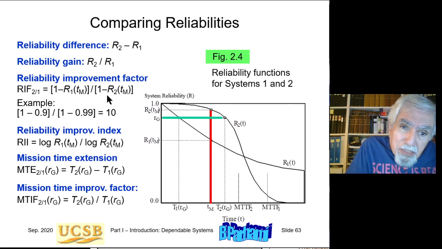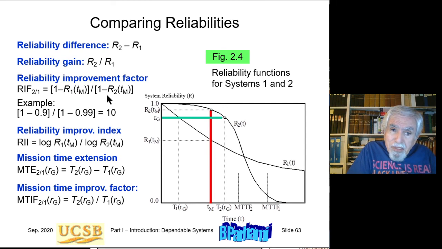So this provides better distinction between systems. So the ratio of unreliabilities is what we compute rather than the ratio of reliabilities, which are pretty close to each other. So that's one measure.